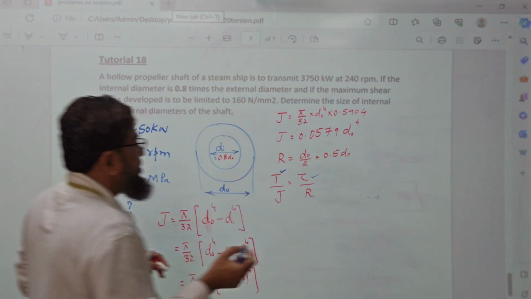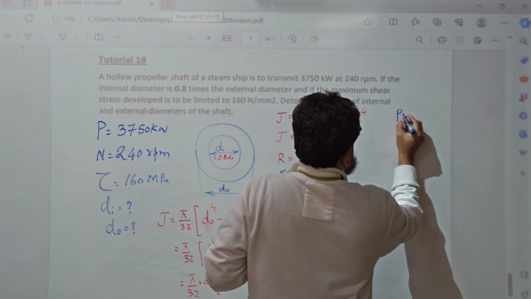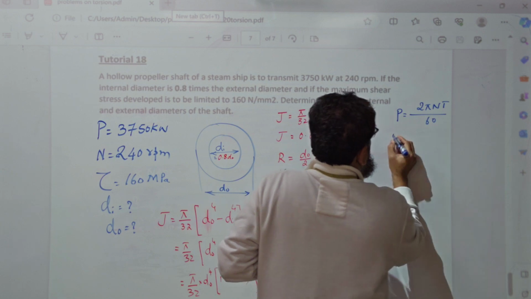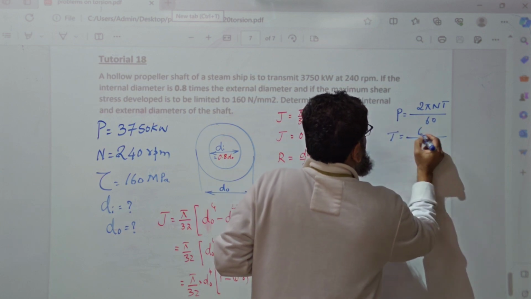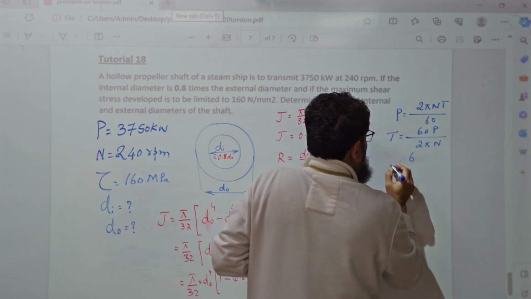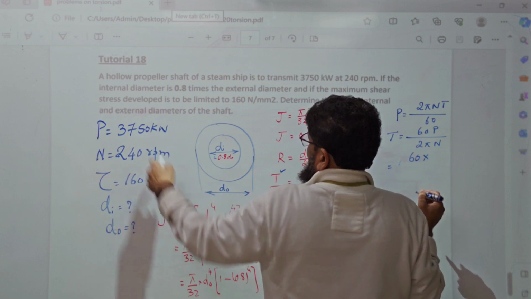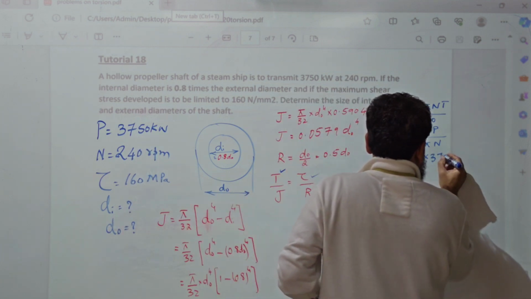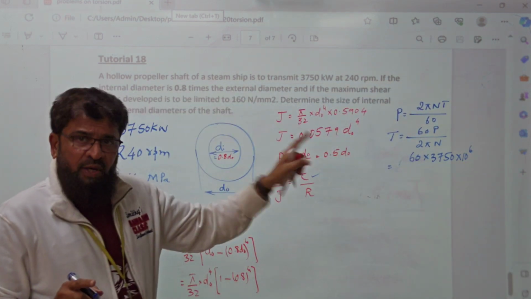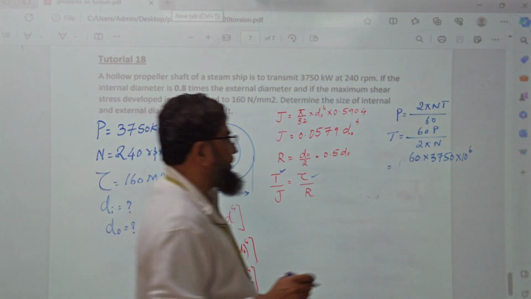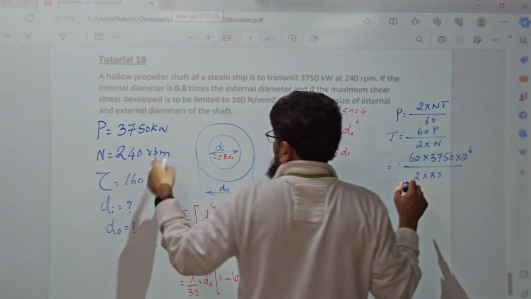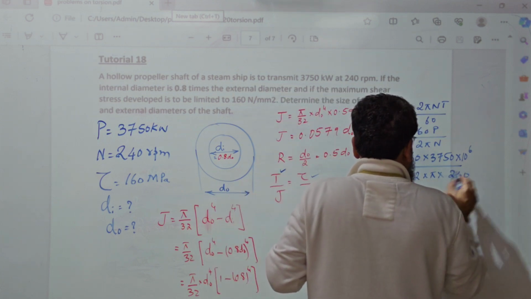Okay. First, what shall I do now? Let me find out power. Power is equal to 2 pi N T by 60. Therefore, T is equal to 60 by 2 pi N. 60 multiplied by P, which is 3750 into 10 to the power of 6, because kilo and then again watt, I want in Newton millimeter. Okay. 2 into pi multiplied by N, N is 240.